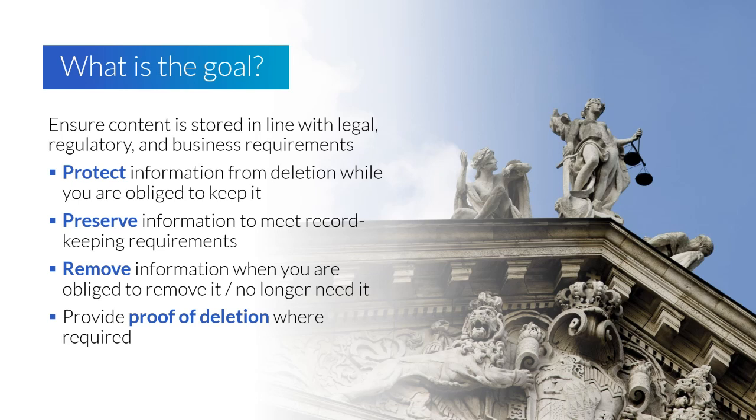We may need to preserve information to meet record keeping requirements to make sure it can't be changed. We need to remove information when we no longer need it. And we may need to provide proof of deletion as well.